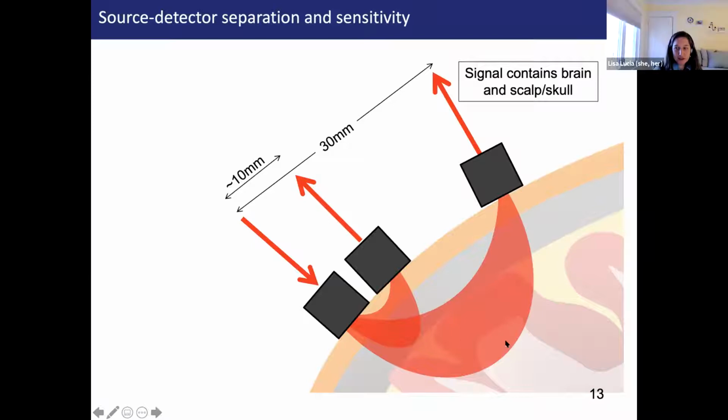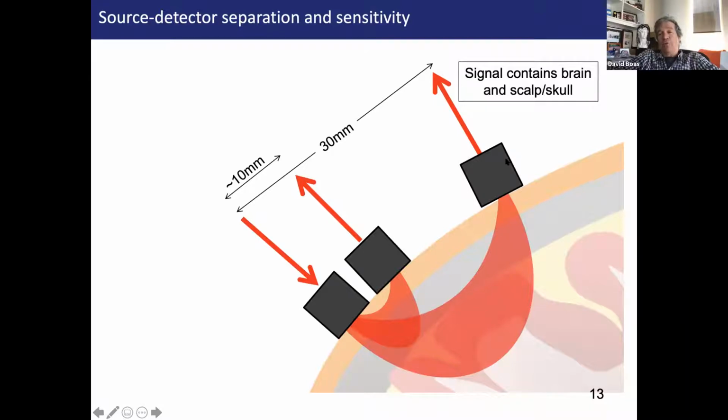Can I ask a question here? Is there a different amount of time that it takes for the light to go from the source to the shorter channel and then the longer channel, the 10 versus the 30? Sure. It's maybe a nanosecond on average to get to 10 millimeters away, and maybe, actually probably, half a nanosecond.